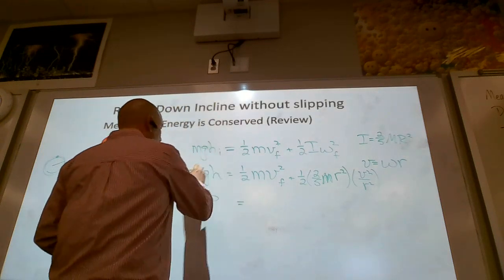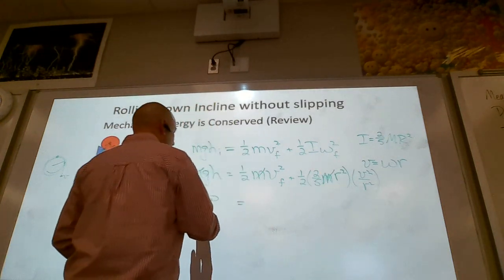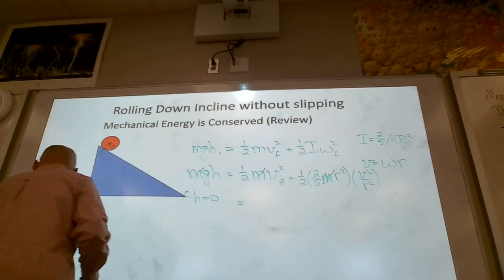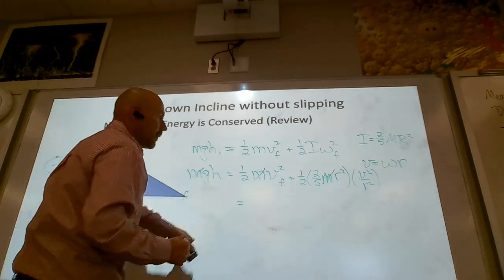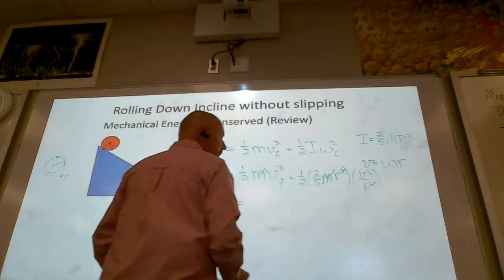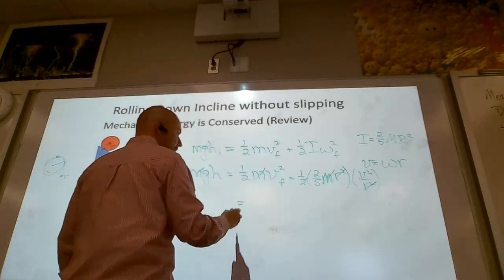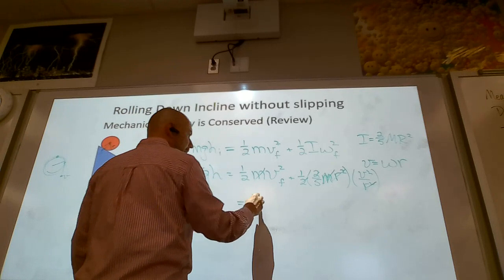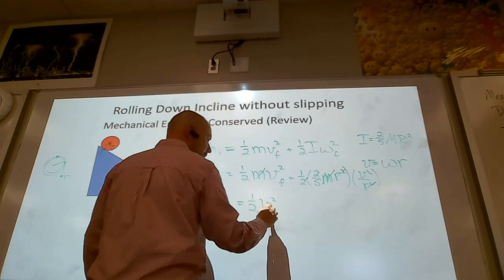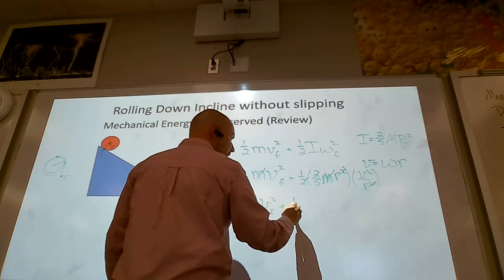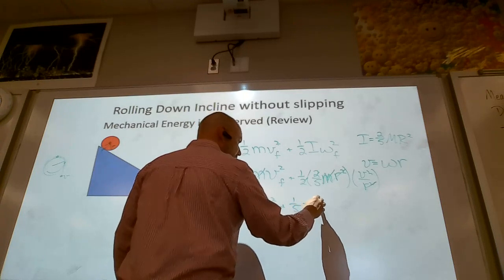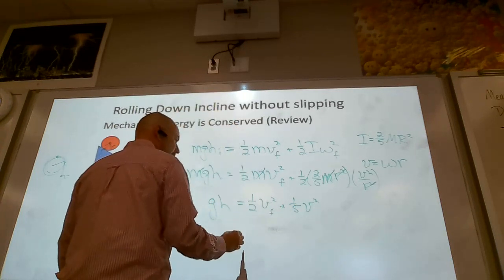So here, mass goes away. R squareds go away. The math here, this goes to that, so you get 1/2 v squared plus 1/5 v squared is equal to gh.